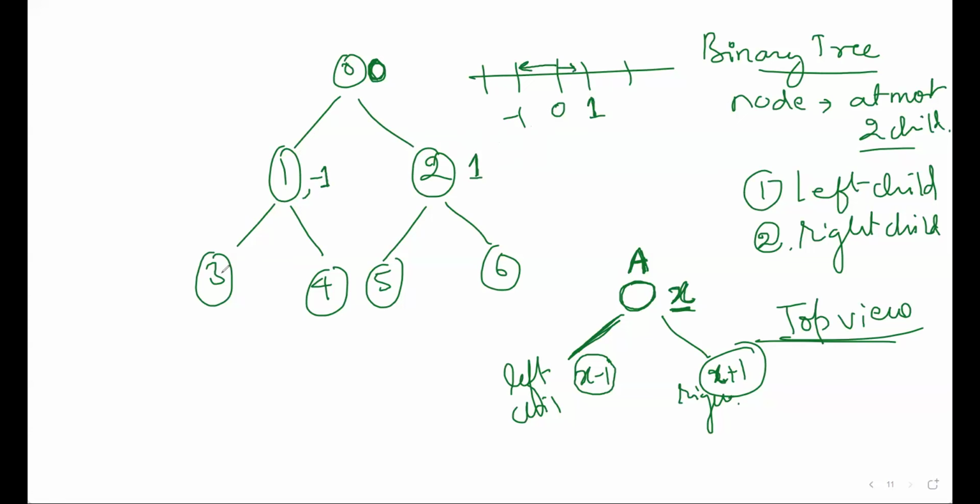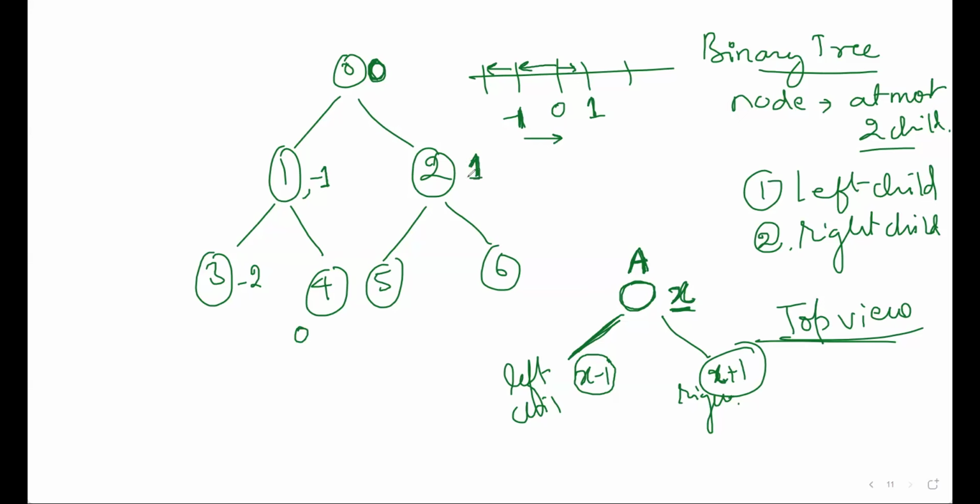Similarly for 3, 3 is nothing but left child of 1. So you'll go 1 unit left again. So it will be minus 2. For 4, 4 is nothing but right child of this node 1 which is present at minus 1. Right child means you'll go right side 1 unit, so minus 1 plus 1 is 0.